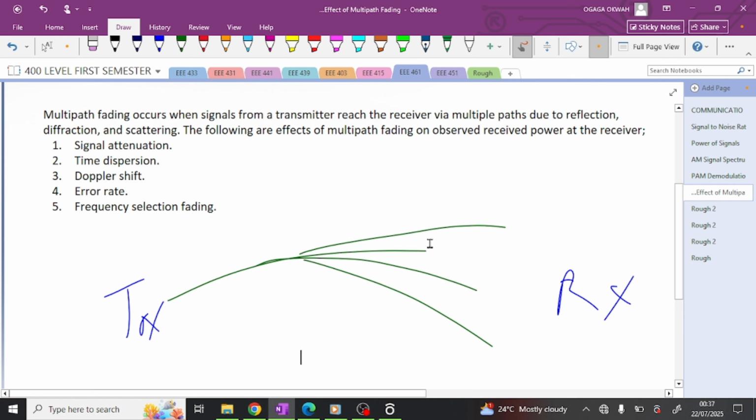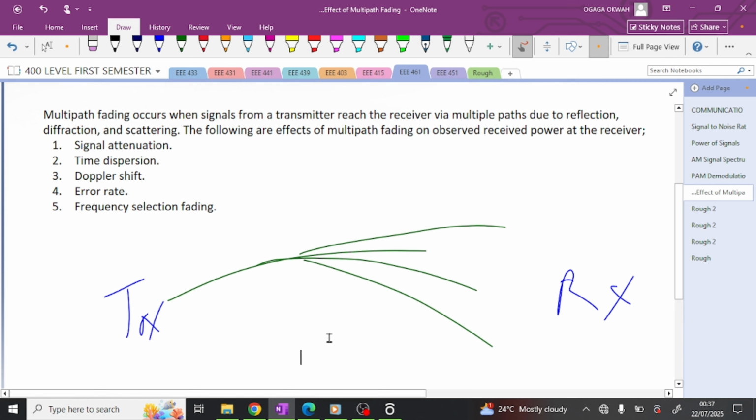Then the last one is frequency selective fading. Multipath fading can vary with frequencies. A certain frequency may have a certain multipath fading, and another frequency may have another multipath fading. This will lead to different levels of attenuation.